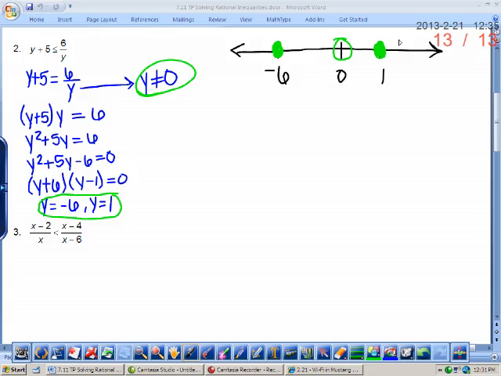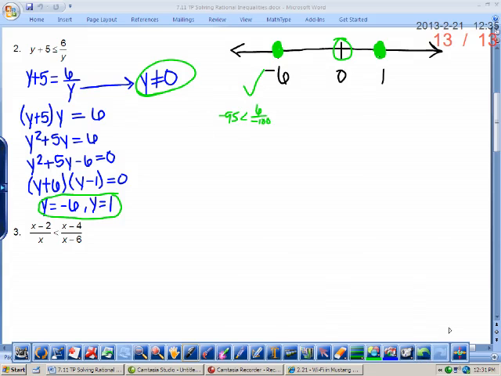All right, what about less than -6? Does it work? Yes, it does. Think about plugging in a really big negative. If you plug in -100, you'd have -95. Is that less than 6 over -100? Yeah. This is a little fraction. This is a big negative.